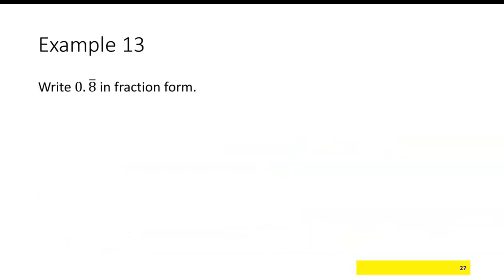And this last one, if I say I want to take this decimal 0.8, where the 8 is repeating, I want to write it as a fraction. So think about what this 0.8 with the bar over it means. This really means 0.88888, and so on. That first 8 is really 8/10.